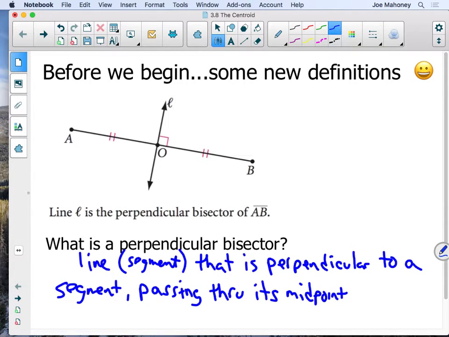So perpendicular makes that 90-degree angle. Bisector cuts the segment in half, so it goes through the midpoint. There's our perpendicular bisector.